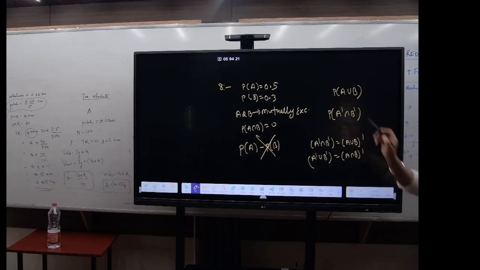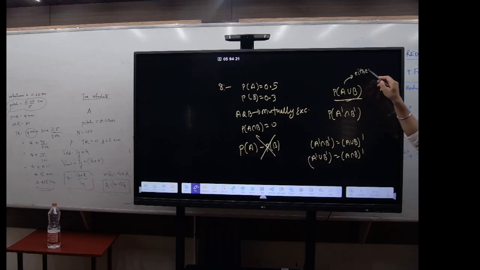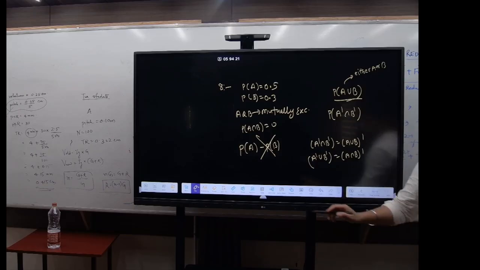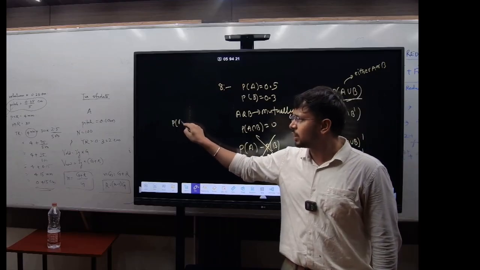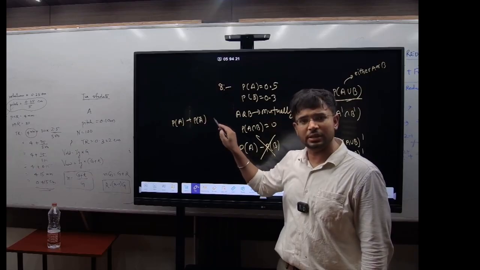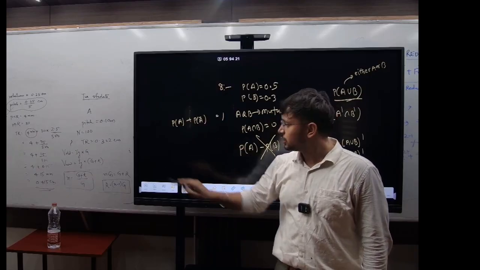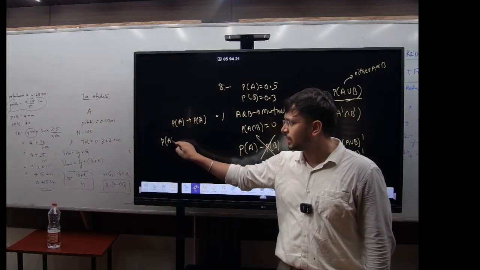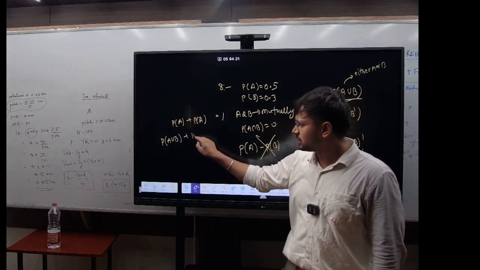This is either A or B. I want neither to occur. What is the probability of A to occur? And what is the probability of A not to occur? Their sum will be equal to 1. So, if I am going to write in this format, what does this mean?